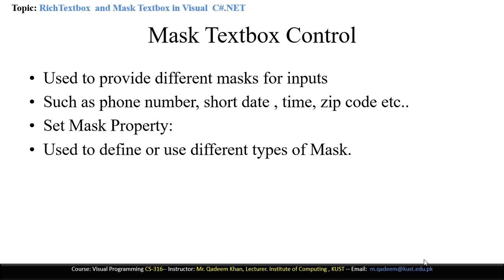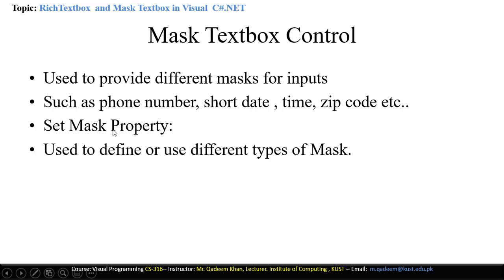Next one is the mask text box control. In the mask text box, the user is allowed to enter different mask inputs, such as phone numbers, short date, time, zip code, and similarly the date, and various other inputs.